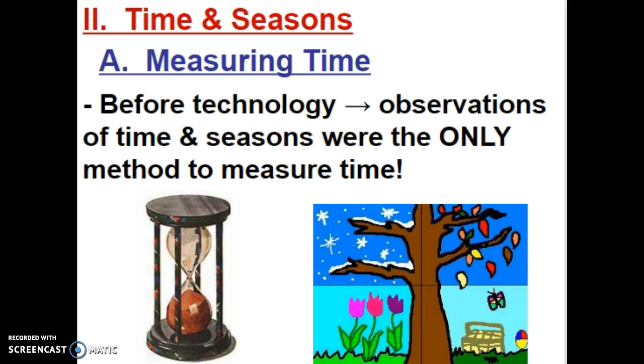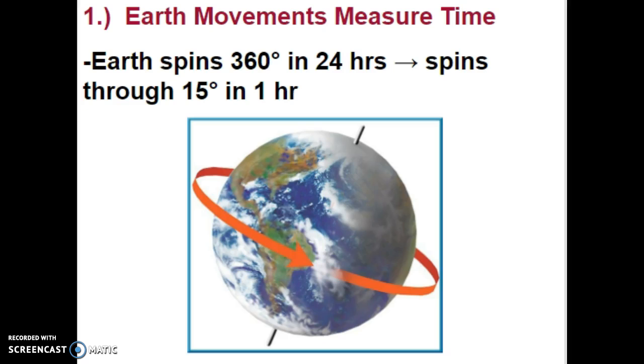But generally, the very first observations of time, again, were done with the ultimate human tool of the eyeballs. Our movements measure time. The Earth spins around a full circle, 360 degrees, in 24 hours. So that is what we consider a day here on Earth.